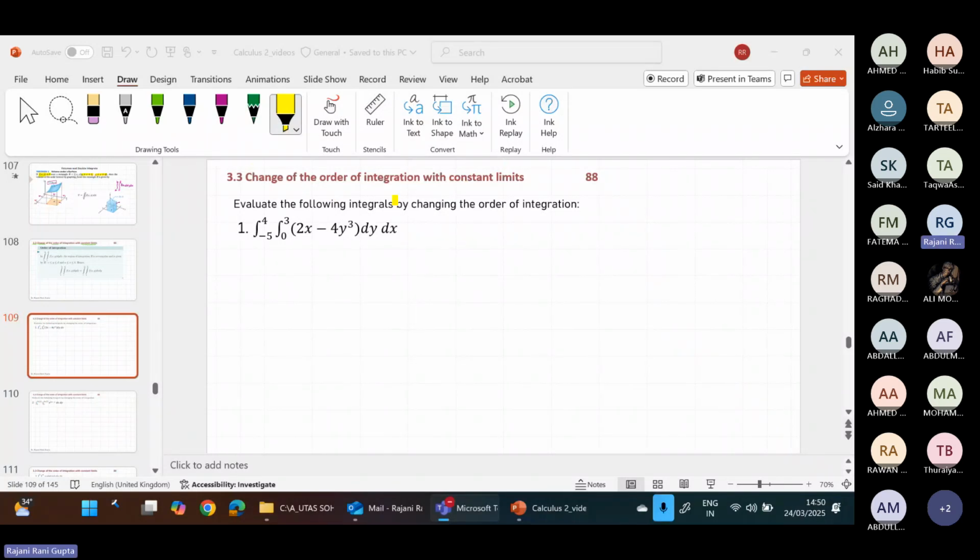The question will be like: evaluate the integral by changing the order of integration. You have to change the order of integration.